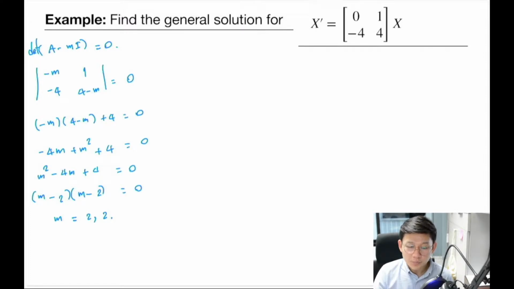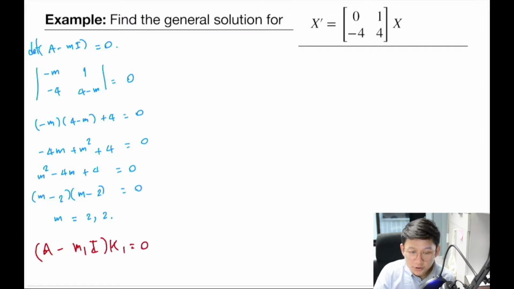Okay, so first we look at this equation, A minus m1 I times k equals 0, where k is k1 and k2.